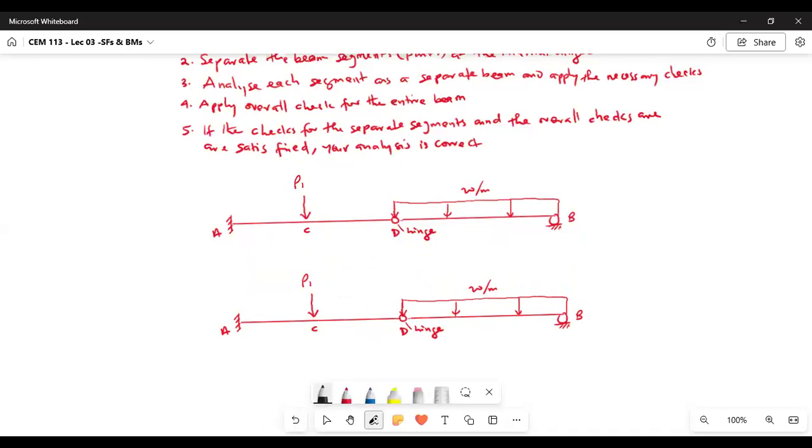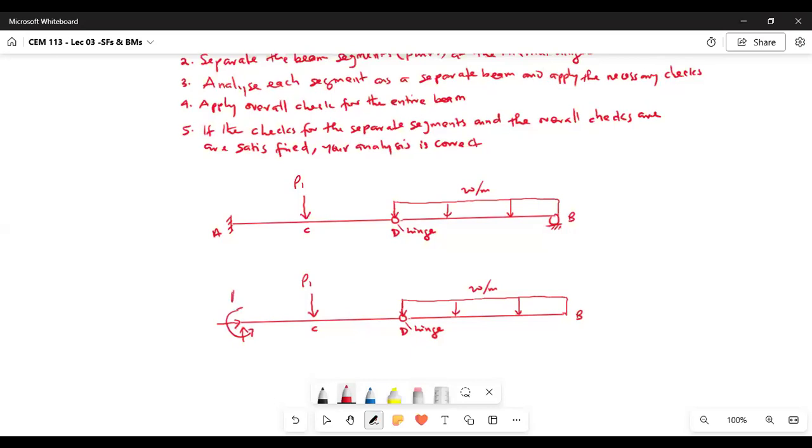Right now, that's the free body I'm attempting to draw. So this part is a fixed support, so vertical, horizontal, and a moment.